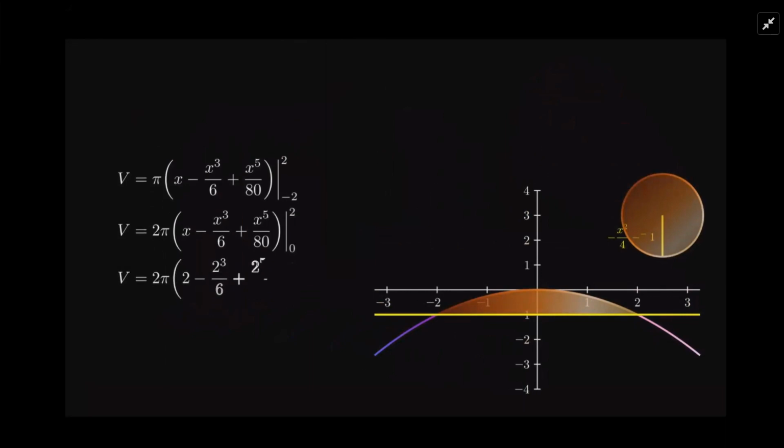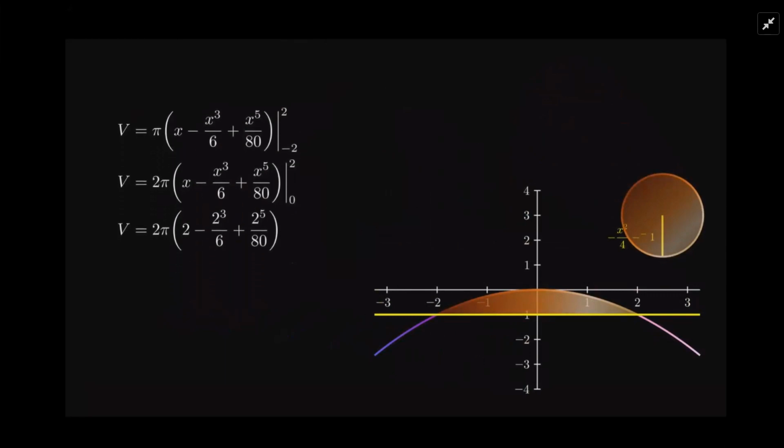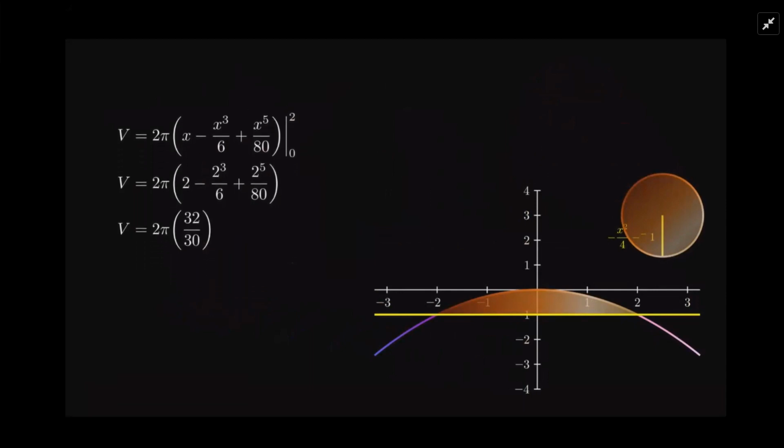We just need to put in 2 for x, and again, go through the calculation to check my work. Get common denominator there and simplify it, and you get a final answer.